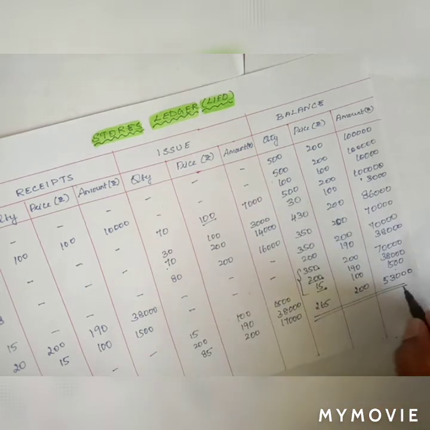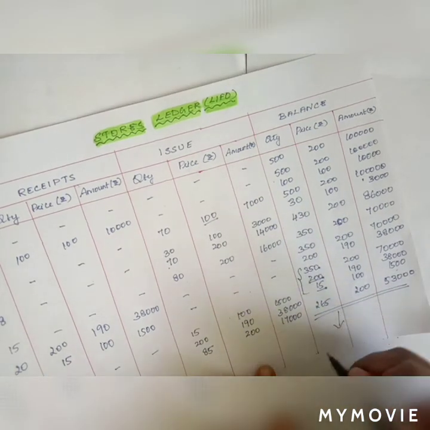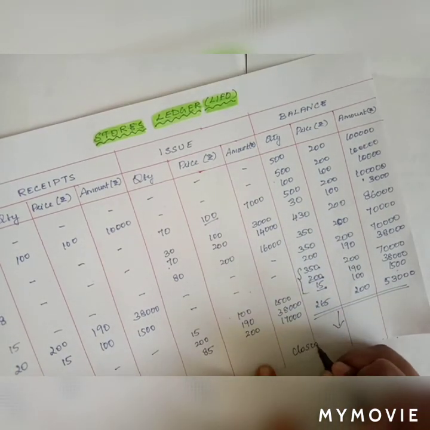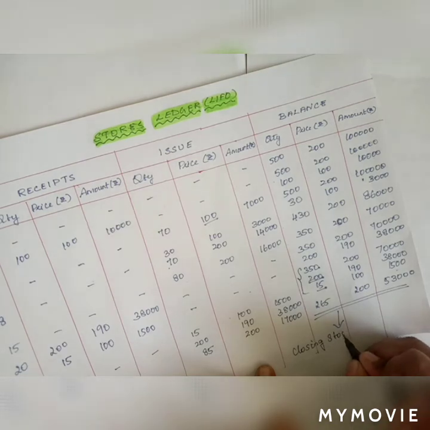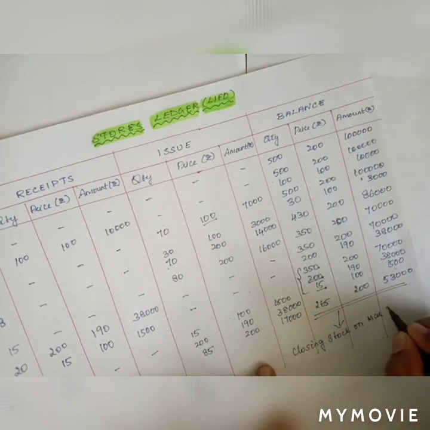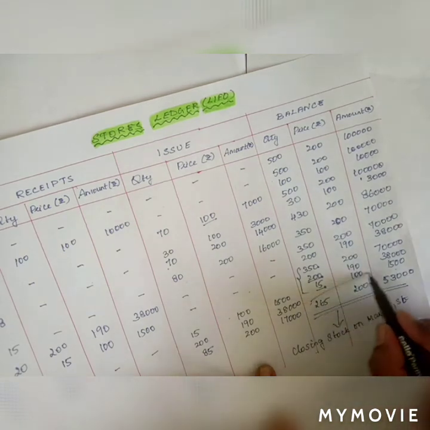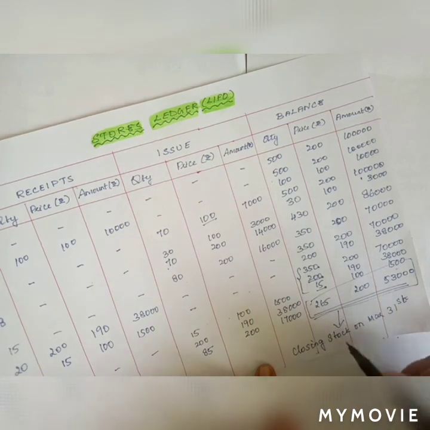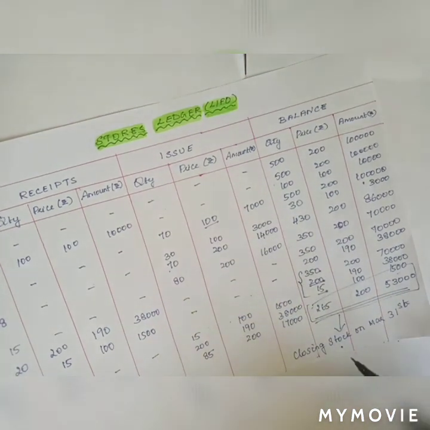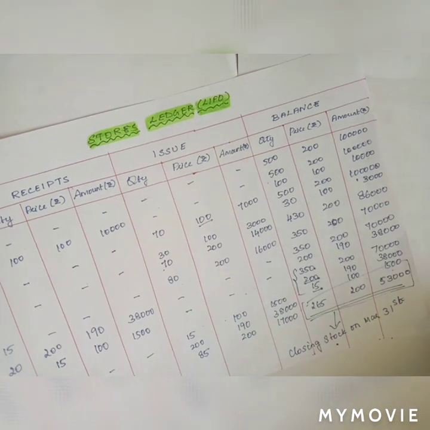So this is the closing stock for the month, on March 31st. On March 31st, after doing all the issues, this is the balance. So this will be the closing stock, and this will be the opening stock of the next month too. This will be the opening stock for the month of April.